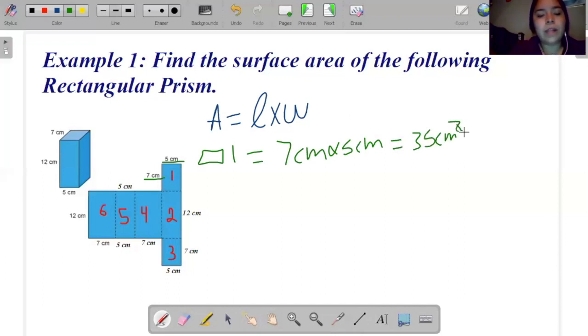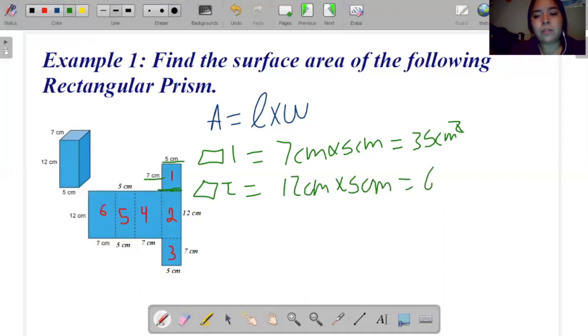Then we have rectangle 2, which is 12 centimeters times 5 centimeters. That's equal to 60 square centimeters. Let's do rectangle 3.